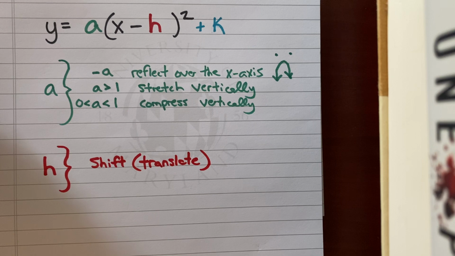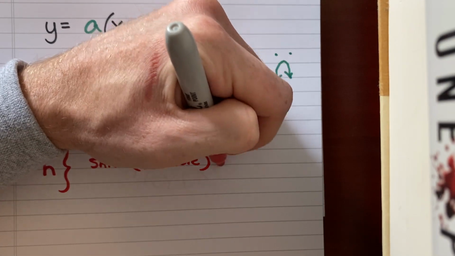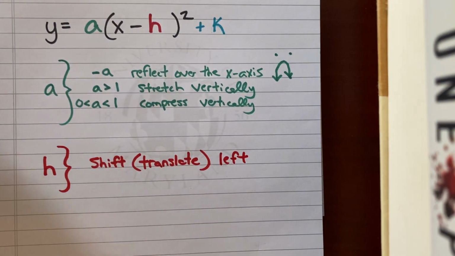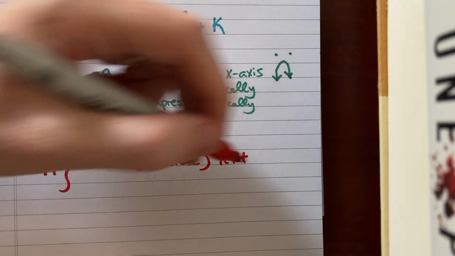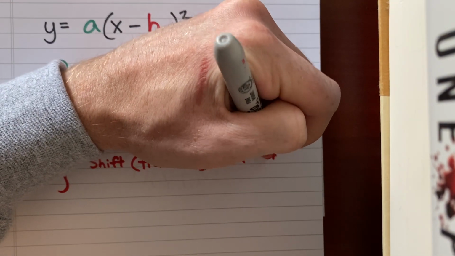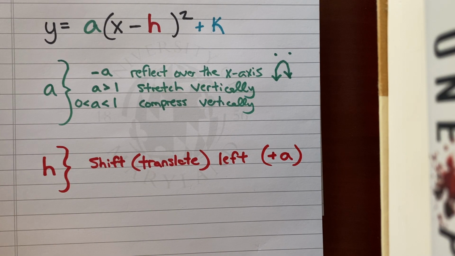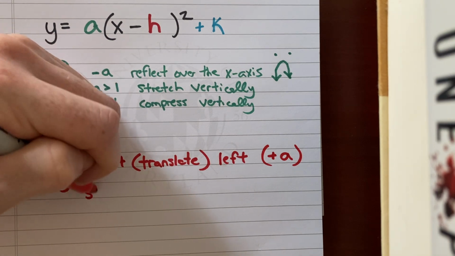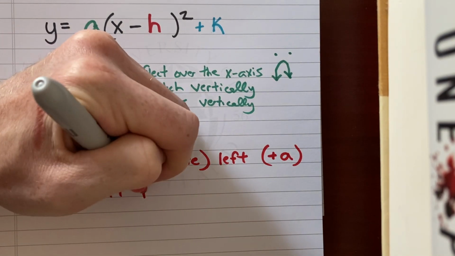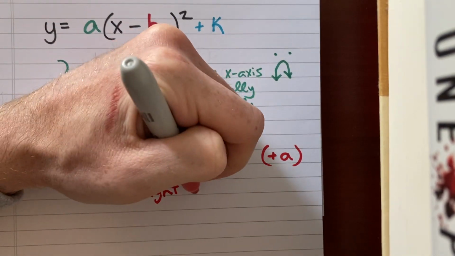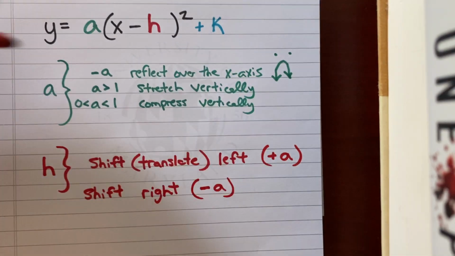Let's go with left first. It's going to shift or translate left if our h value is positive. So if h is positive, it is going to go to the left. It's always the opposite of what we think. And then it's going to shift to the right if our h value is negative.